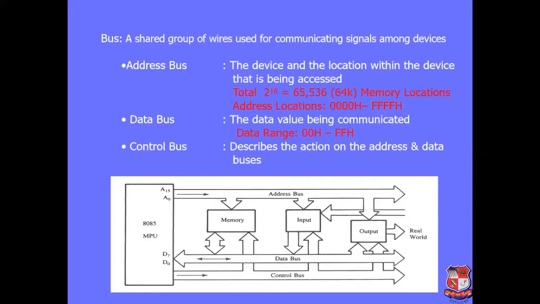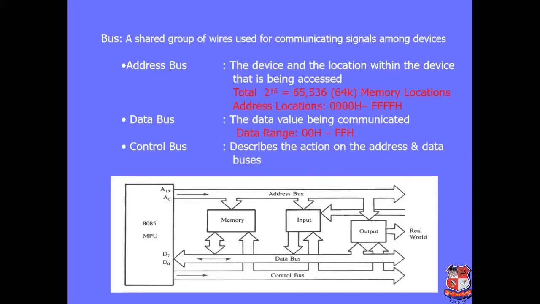The bus is a shared group of wires used for communicating signals among devices. There are basically three types of bus: address bus, data bus, and control bus. The address bus in 8085 is 16-bit. It holds the address of memory location or input-output devices.